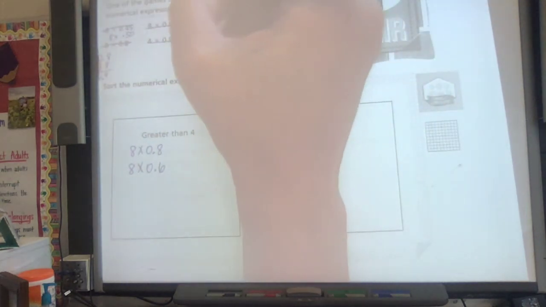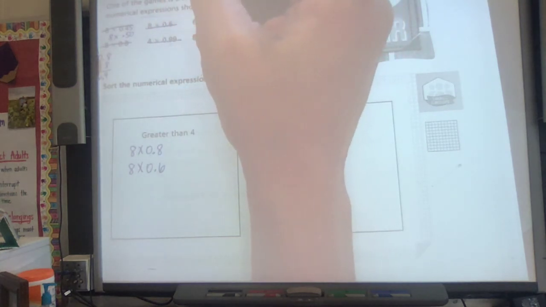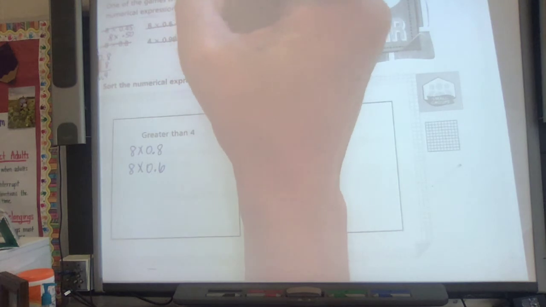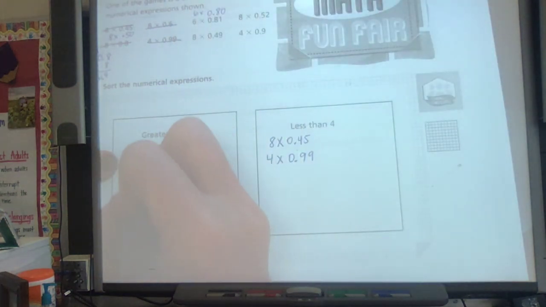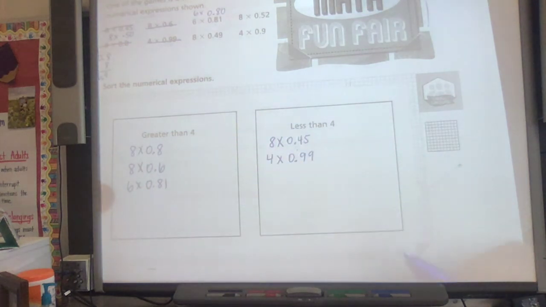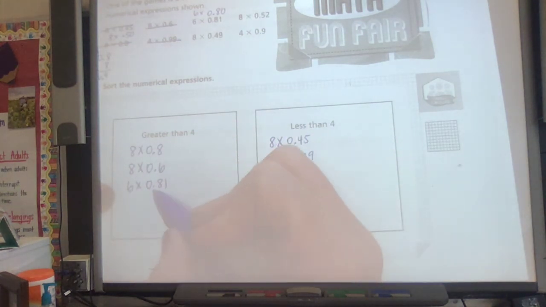Then, if I have that 6 times, well, I know 8 times 6 is 48. So I know that this is going to be greater than 4. Because I know just plain old 6 times 8 is 48. So that's going to give me 4 and 8 tenths, and this is going to give me even greater.